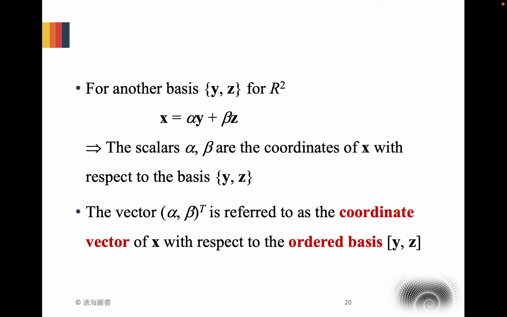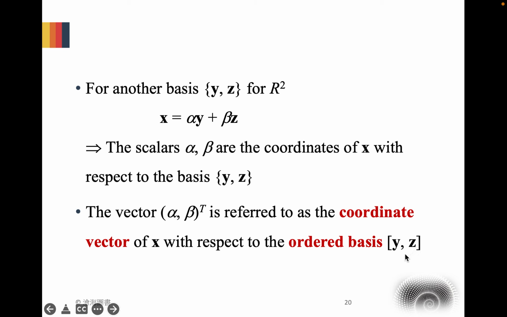So we can also represent the vector x based on y and z, and write x equal to alpha y plus beta z. In this case, we say that alpha and beta are the coordinate vectors of x with respect to the ordered basis y and z.